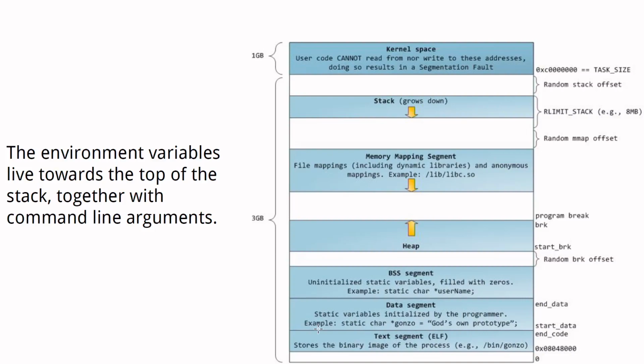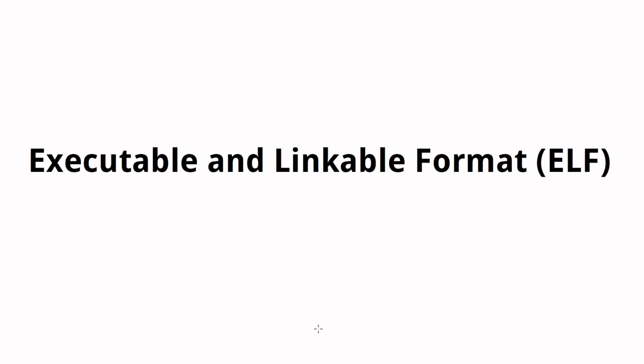That's why the environment variables actually sit at the very top of the stack. Later we will see examples, maybe not today, so you can have a more straightforward feeling for that.